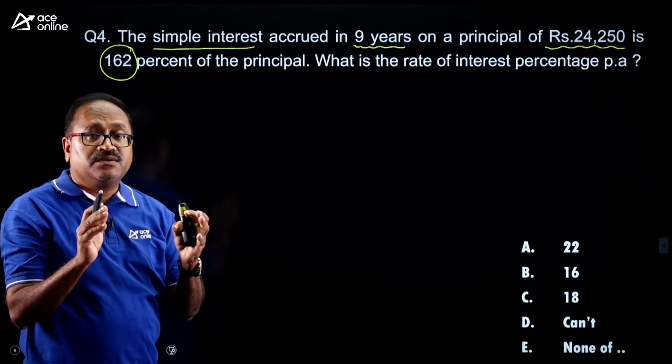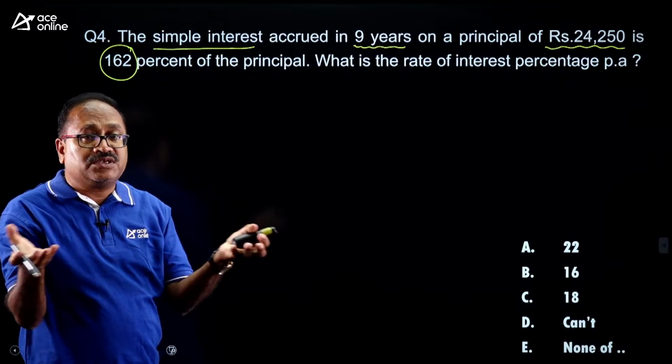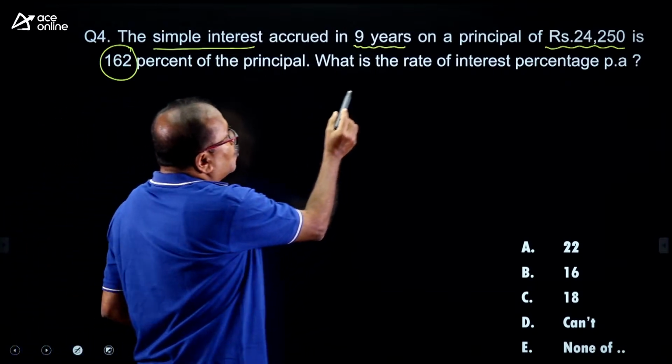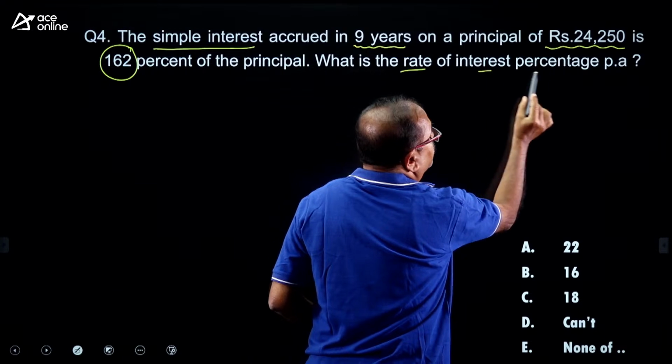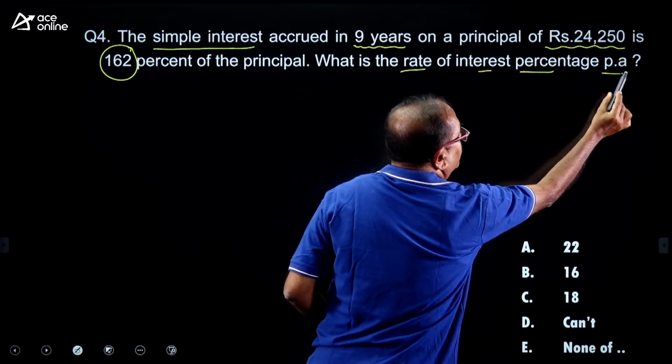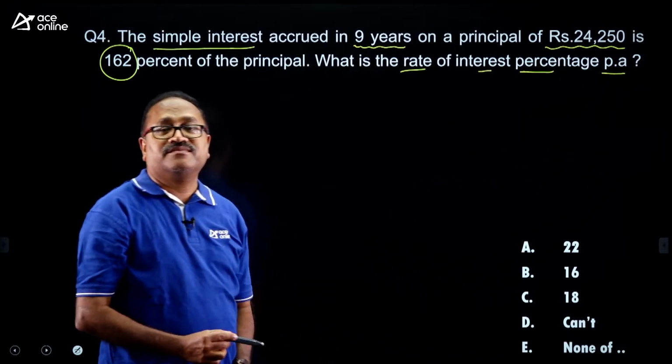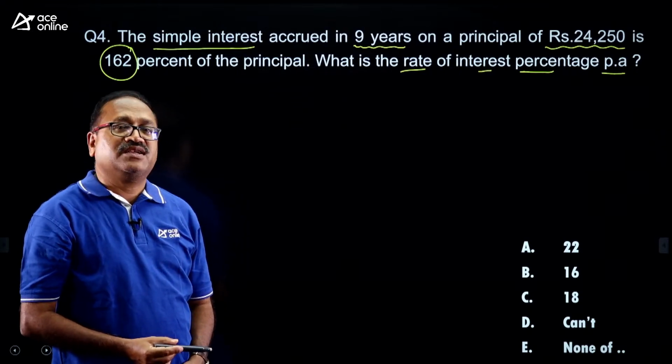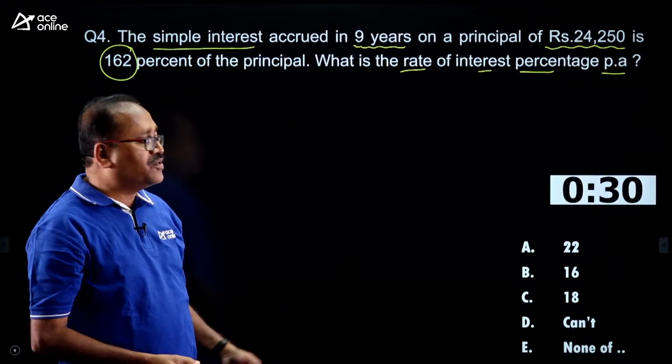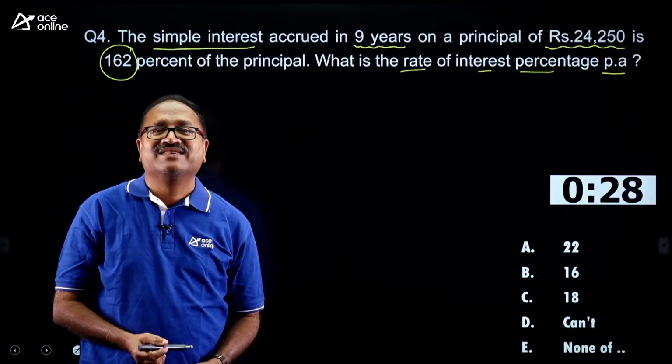That interest is 162% of the principal. What is the rate of interest percentage per annum? I'll tell you why I gave this question. Before that, take 30 seconds to answer it.